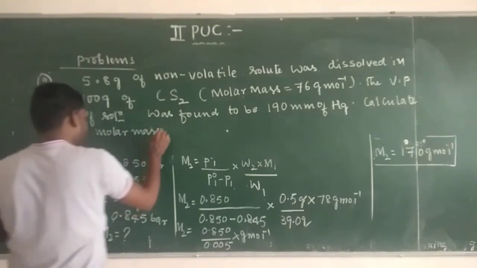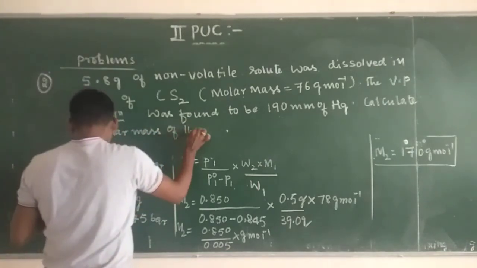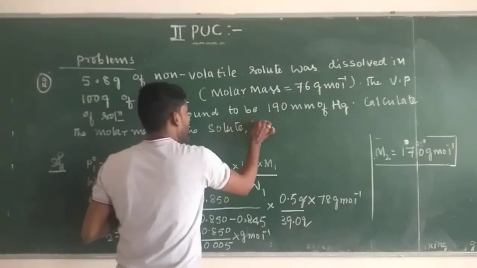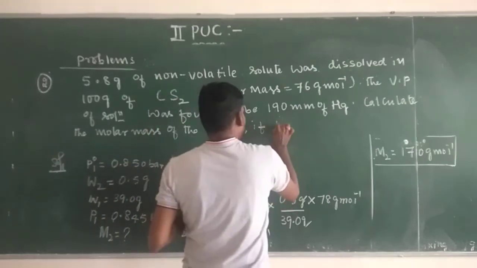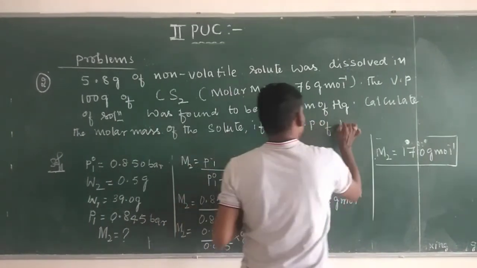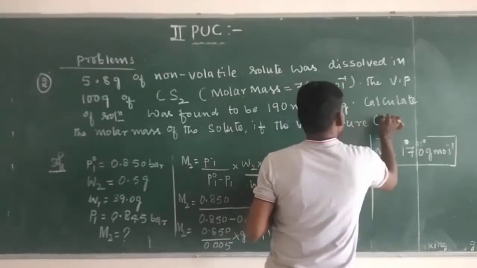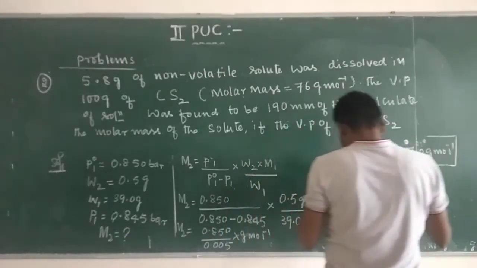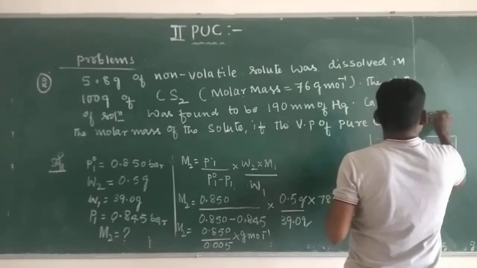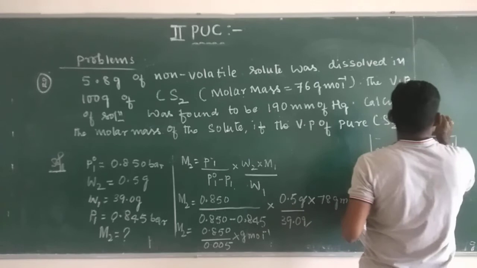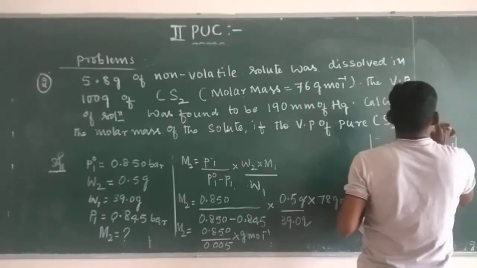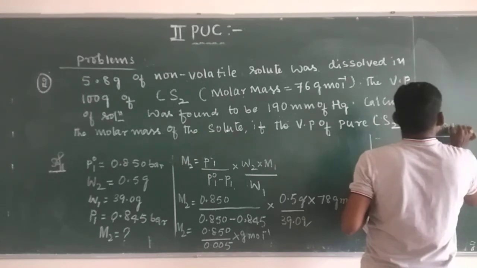Calculate the molar mass of the solute, if the vapor pressure of pure carbon disulfide is 195 mmHg, 195 millimeter of mercury.